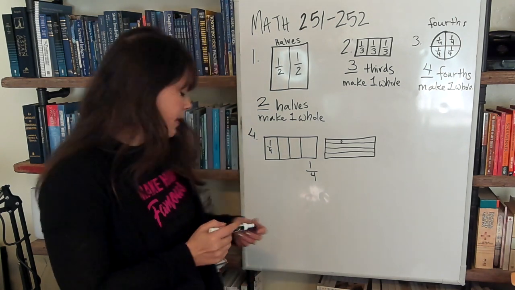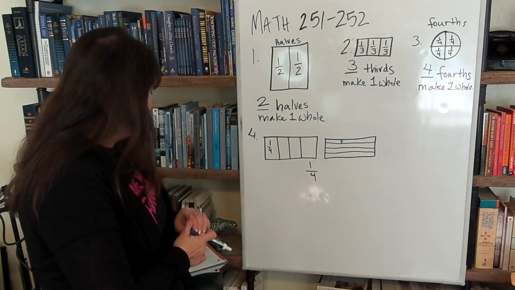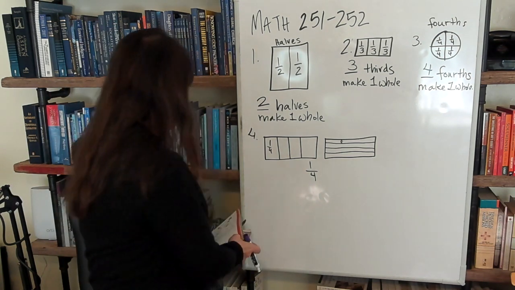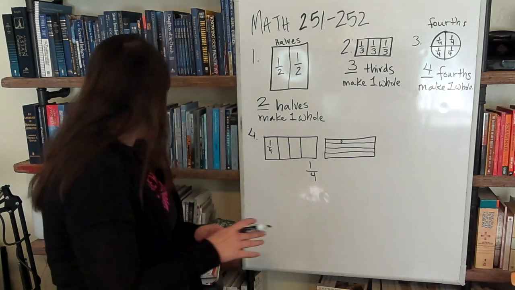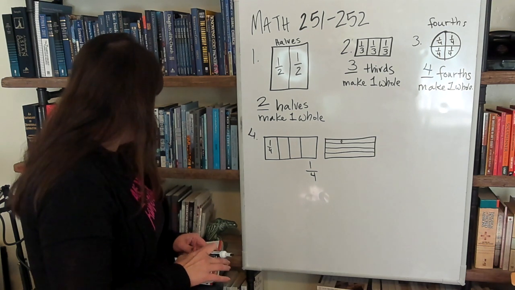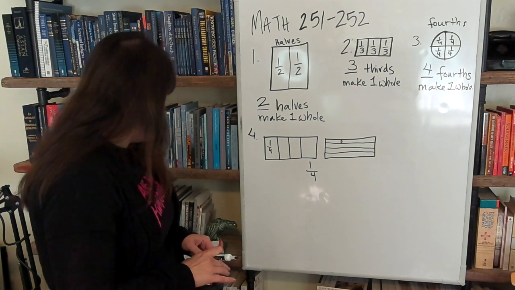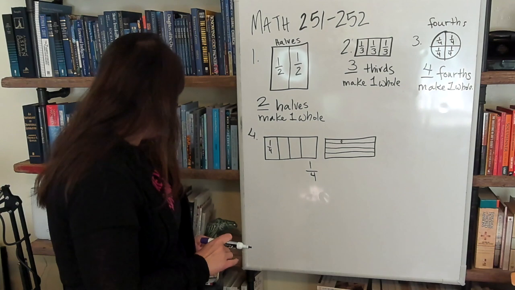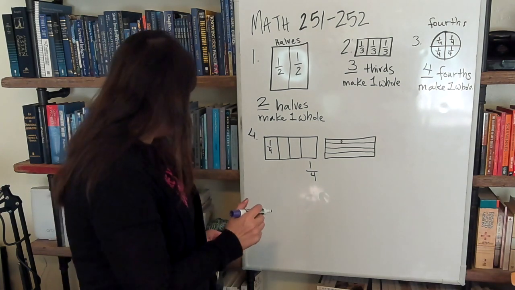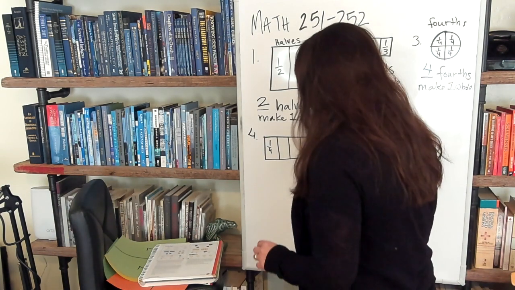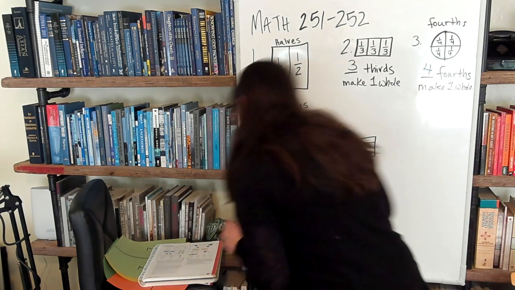All right? Now, they're going to give you more chances to work on that. They have asked you to partition a circle and a square in different ways, and then also are asking you about the fractions that are colored. I'm going to do another one to show you. This is number 8.